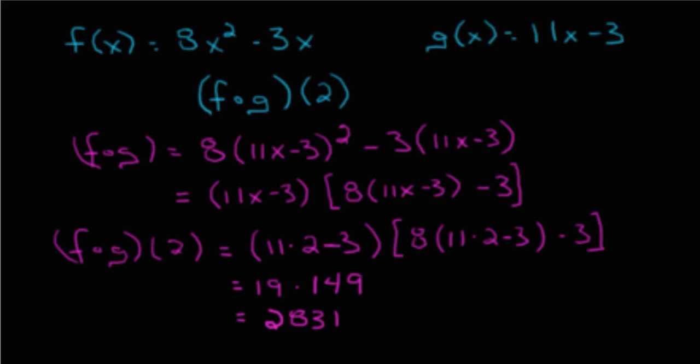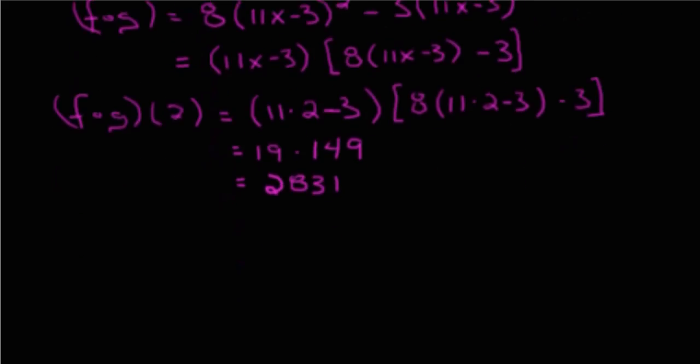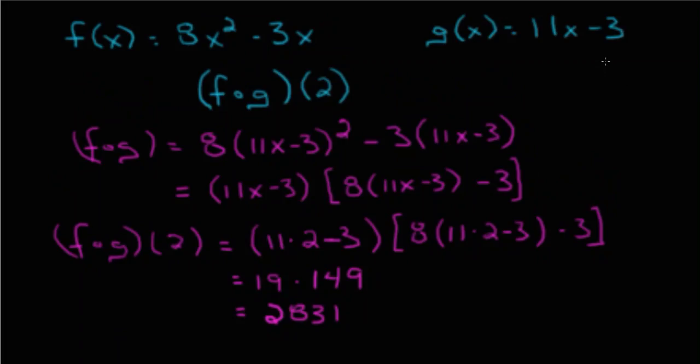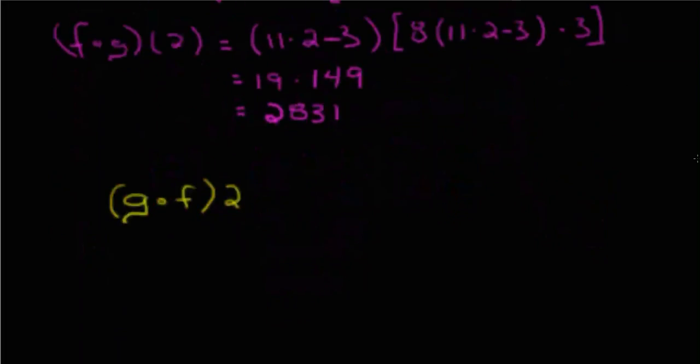Now if we wanted to, and we're not being asked to do this, but just as a demonstration, I'll show you the difference that the order of the composition makes. If we were asked to do the composition of g of f at 2, then we would get, and I'm going to scroll back up here so we can find our equation, 11x minus 3 is g, so everywhere that there's an x, we're going to substitute our value of f.